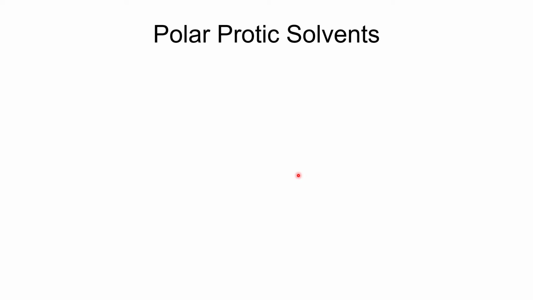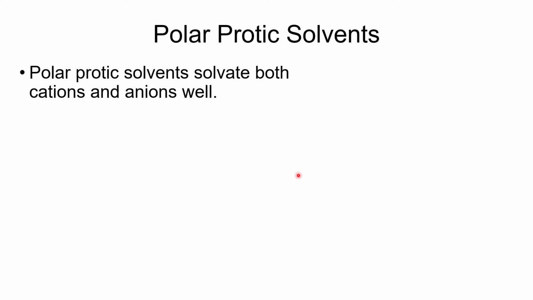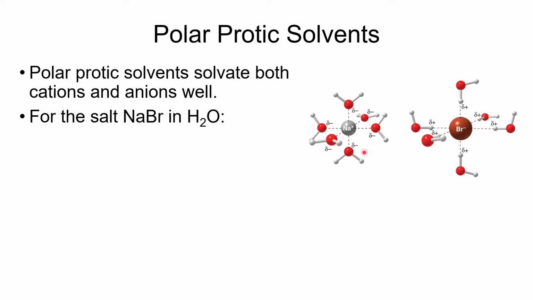For polar protic solvents, something interesting happens. Polar protic solvents will solvate both cations and anions pretty well. For the salt sodium bromide in water, the sodium is solvated by the water molecules. The partial negative charge on the oxygen is attracted to the positive charge on the sodium ion, and that is an ion-dipole interaction.